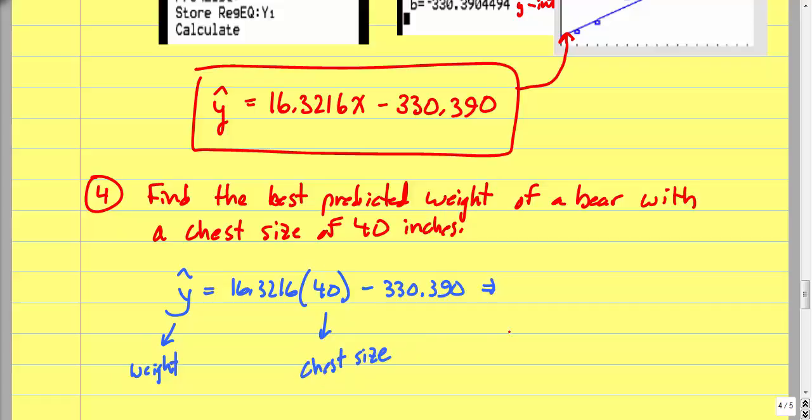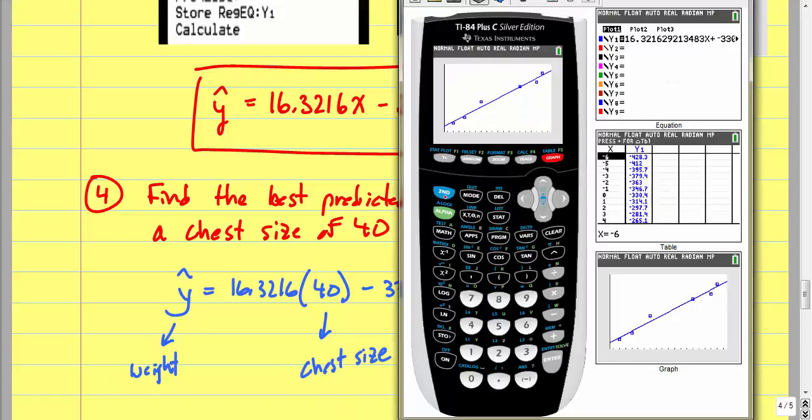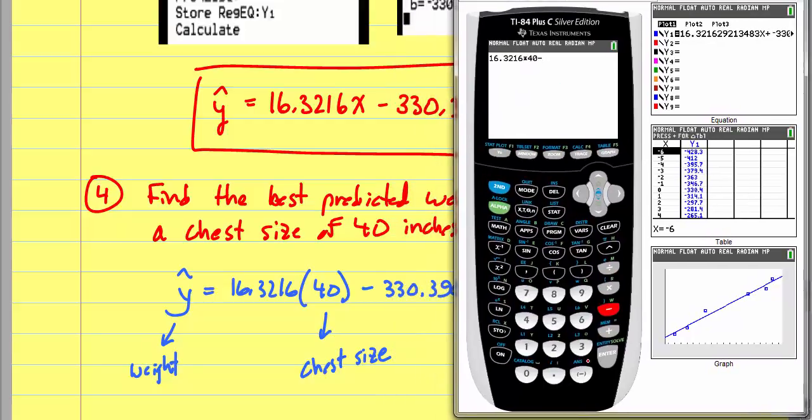So let's go ahead and plug this into the calculator and see what we get back out. I'm going to do second quit. We'll go back to that graph. This is not going to be exact because I'm rounding this, but it should be pretty close. So 16.3216 times 40 minus 330.390.